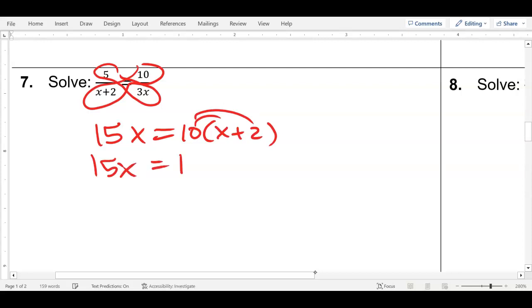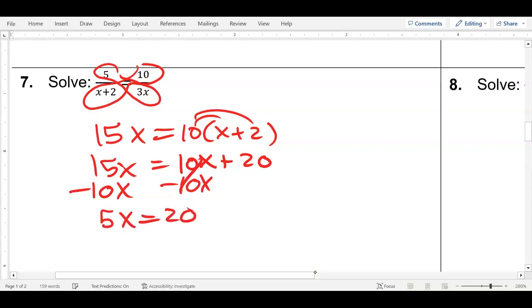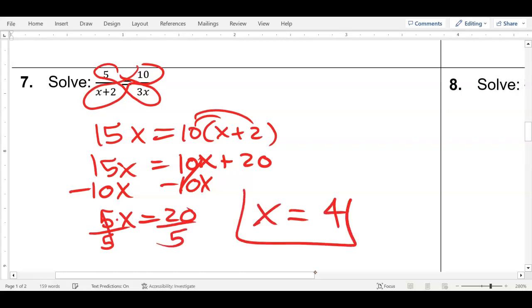So 10 times x is 10x. 10 times 2 is 20. Get rid of the smaller x if it's on both sides. And then get rid of that coefficient that's being multiplied by dividing by 5. 20 over 5 should give you 4.